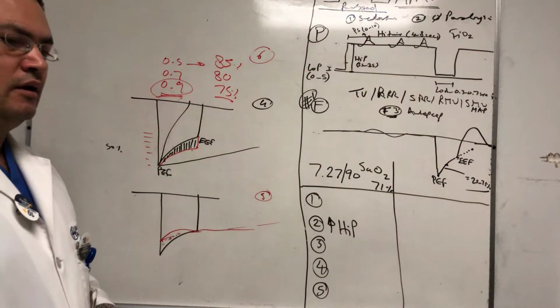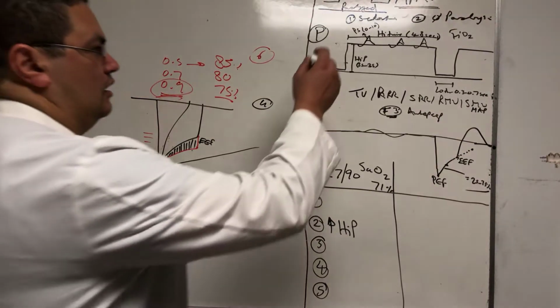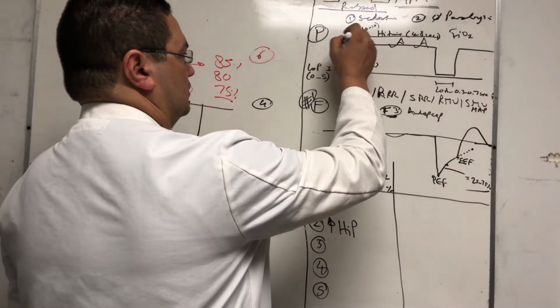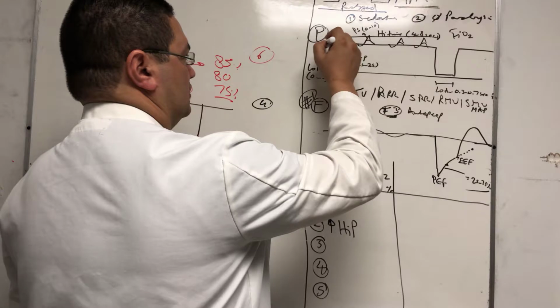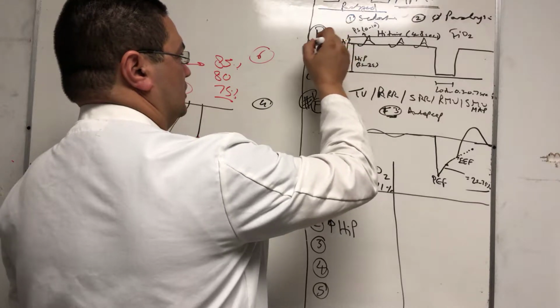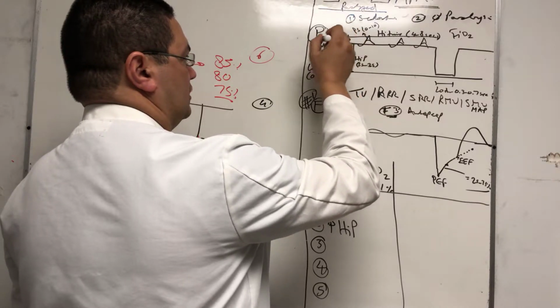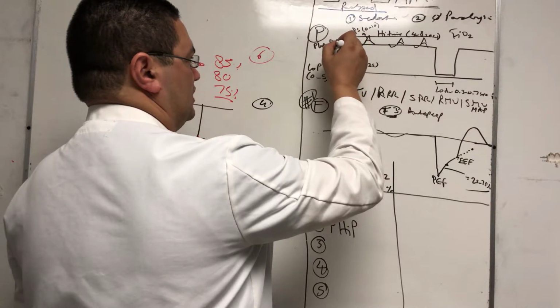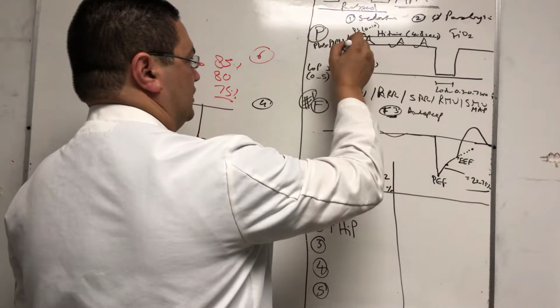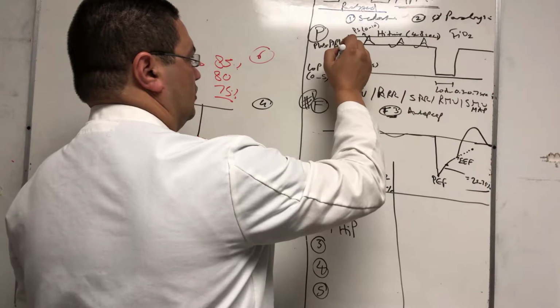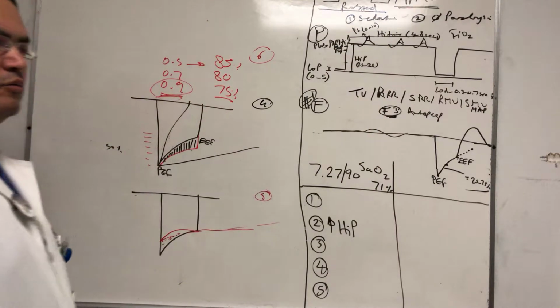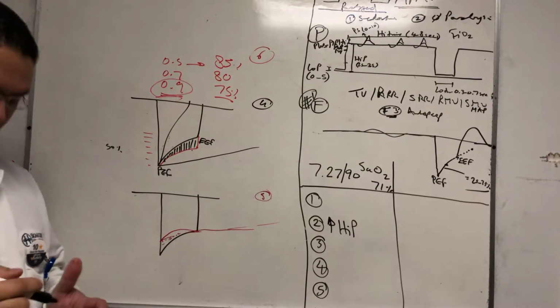So that means that the high pressure is equal to the peak airway pressure, is equal to the plateau pressure, and it's very close to the mean airway pressure. All of them are bunched up here, because you're spending more time there.